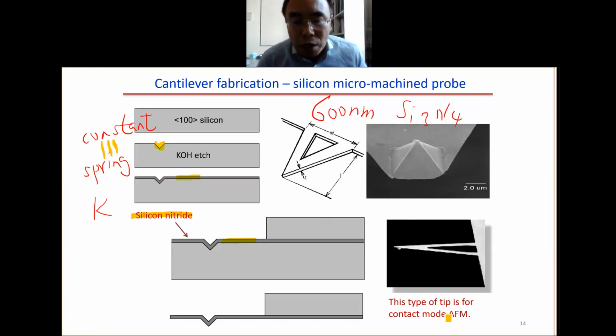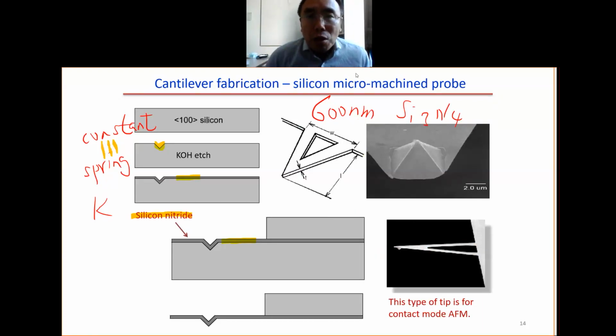And also, if you want to measure soft material like biological material, you need a very, very soft cantilever. This is done by the silicon nitride. For silicon nitride, the tip shape is a pyramid, and usually it is a triangular shape to prevent the twisting of the very thin cantilever.